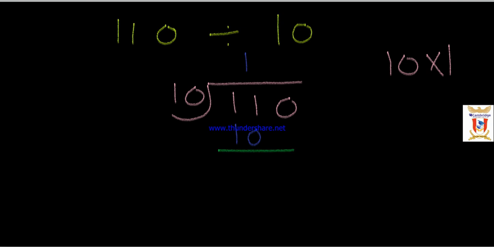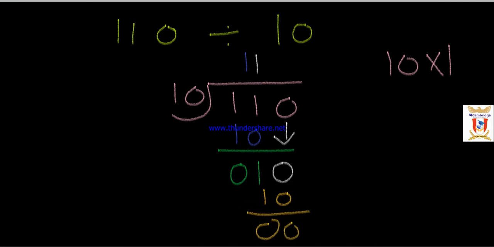So now let's divide, subtract it. 1 minus 0 is 1 and 1 minus 1 is 0. So let's bring the next digit down. So as you can see, my divisor matches with the answer. So 1 multiplied 10 will be 10. So here it becomes 0, 0, which is your remainder.